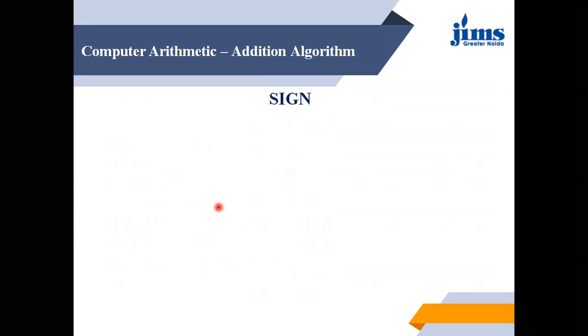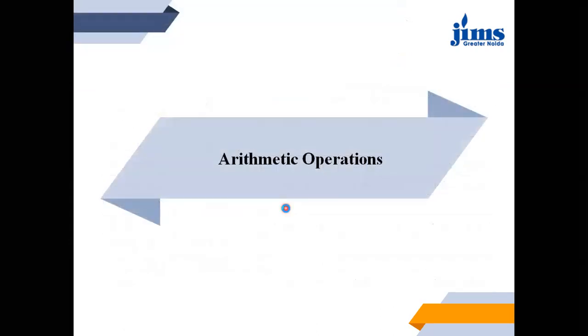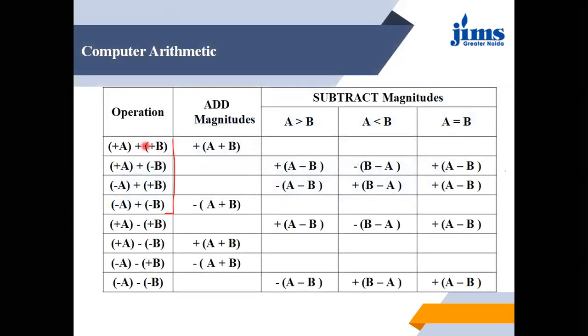When we have to perform the computer arithmetic addition algorithm, the sign of both the numbers can be the same or different. Over here, I taught you the case when the sign of both the numbers is the same.